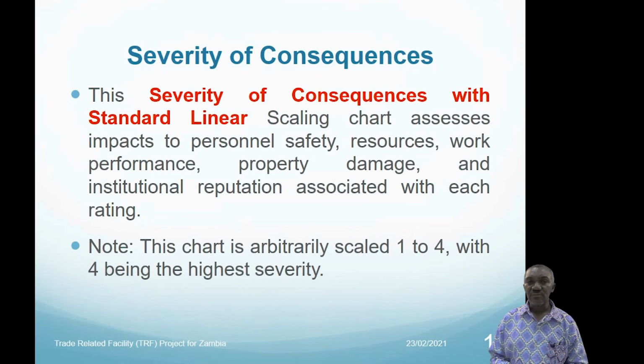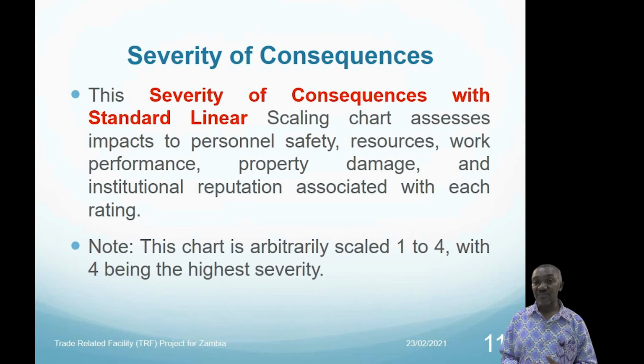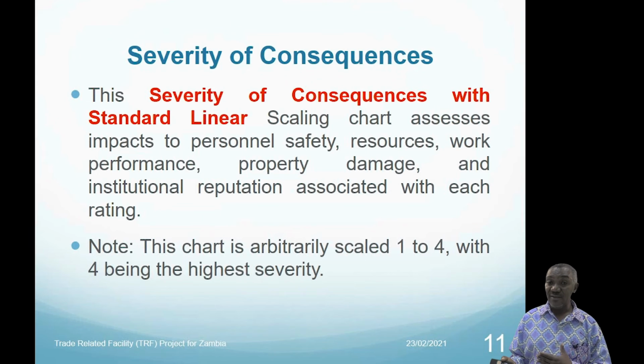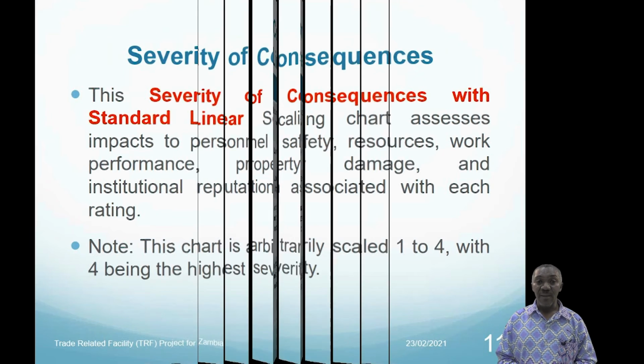Okay? So this severity of consequences, with the risk standard, if we now look at it, can result either in high impact, resulting in destroying reputation, or low impact, depending upon how the classification is with respect to the hazard.